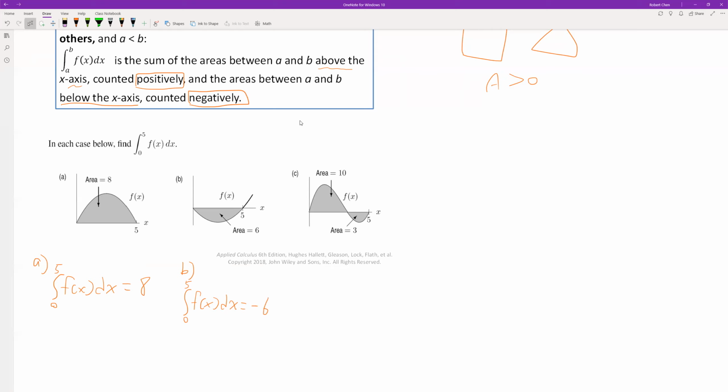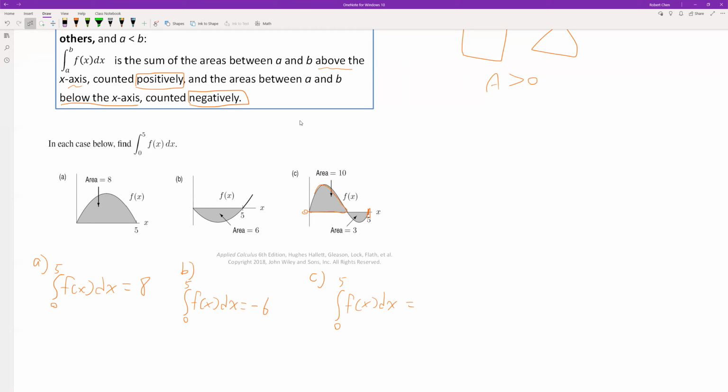Now, something a little more interesting. We look at part C. We have the integral from 0 to 5 of f of x dx. Now notice that between 0 and 5, we actually have two different areas, one above the x-axis and one below the x-axis, right? So to find the total, we just need to add both of them together. The one that has area of 10 is above the x-axis, which is this part.